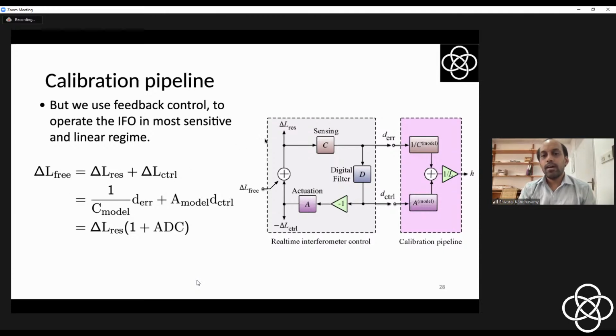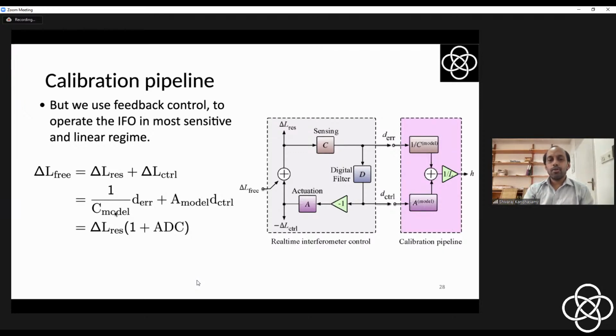Delta L free is what I measure, delta L residual, minus what I apply, delta L control. Delta L residual is related to Darm error by just this sensing function, which I have already modeled. So I can get this delta L residual, and I need to know delta L control. So I need to model this actuation function of the instrument.